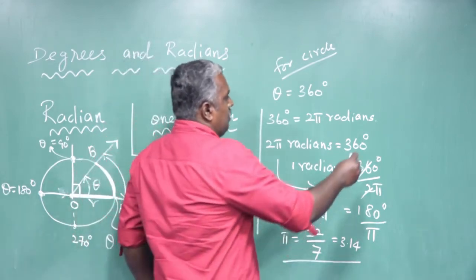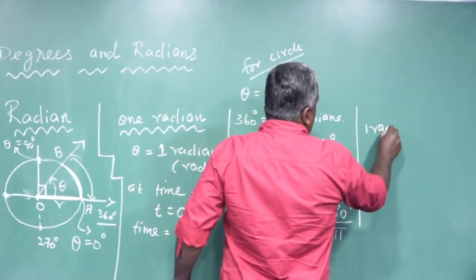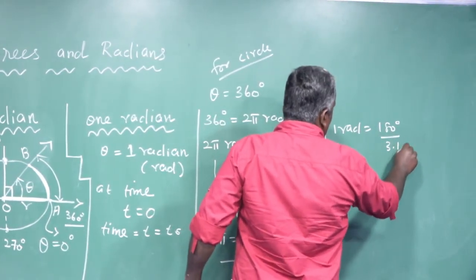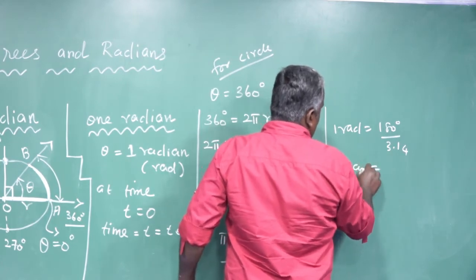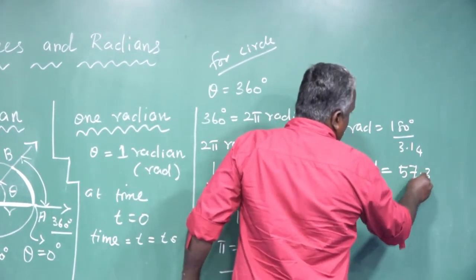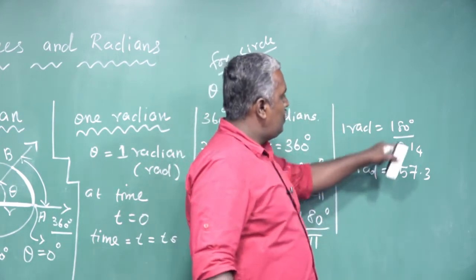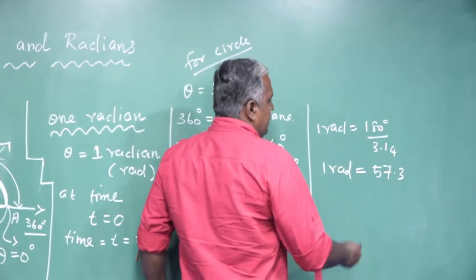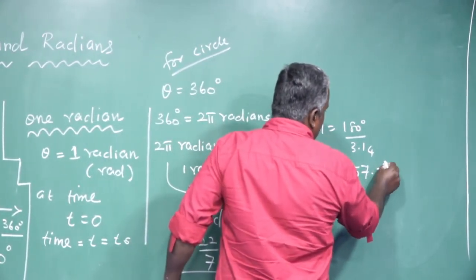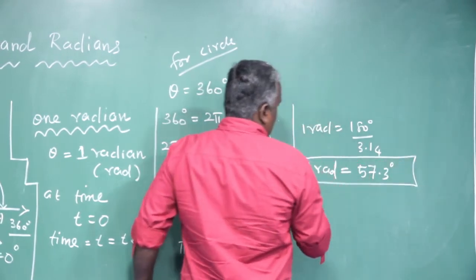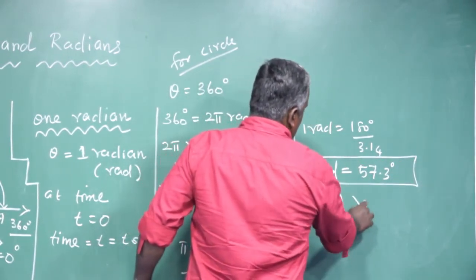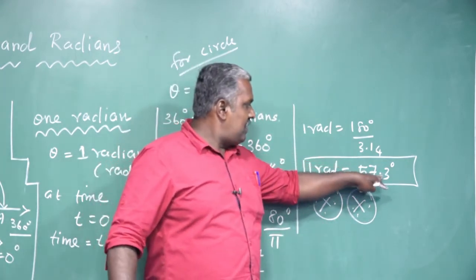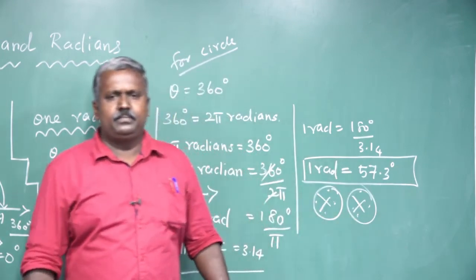So 1 radian is equal to 180 degree by 3.14, which is equal to 57 point, divide it quick. 180 by 3.14, how much? Very good, 57.29 degree. So very, very important. 1 radian is equal to 57.3 degree, that's all.